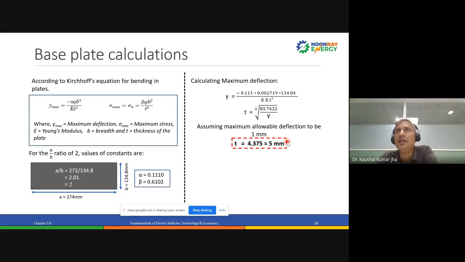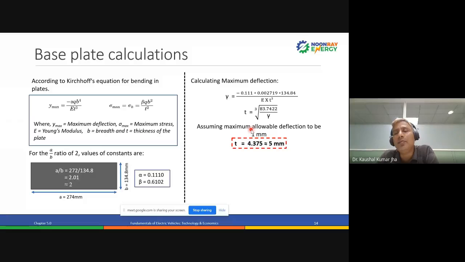It's a design, it's an engineering decision. If that is not going to impact my cell holder or bus bar, if that can take a deflection of 2 mm, then I'll go for 2 mm. My thickness would be reduced maybe by 1 mm. So we have to decide what deflection we can allow. That has to be known beforehand.